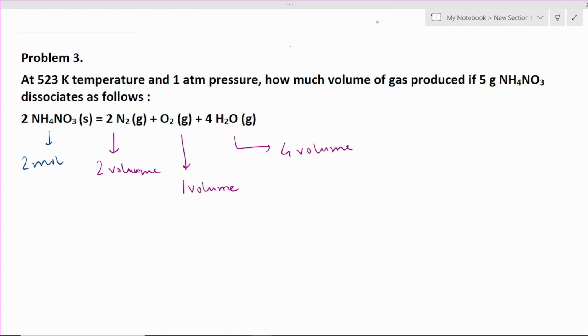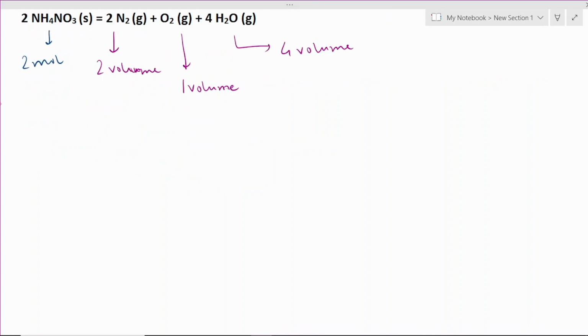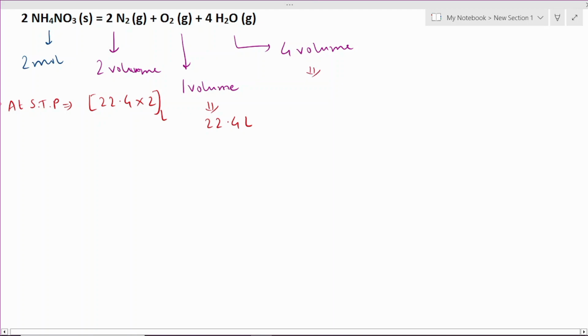So at STP the volumes will be 22.4 into 2 liter, here 22.4 liter and here 22.4 into 4 liter. As in STP 1 mole or 1 volume of gas contains 22.4 liter of the gas.